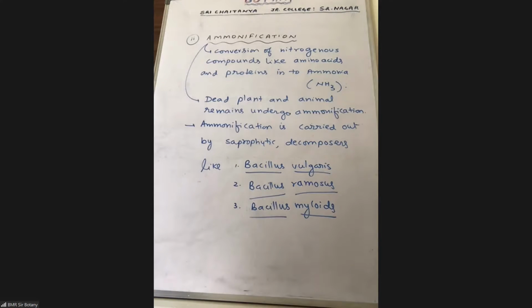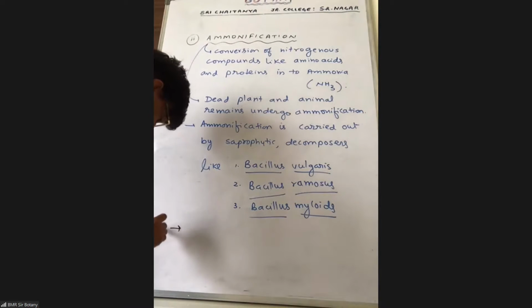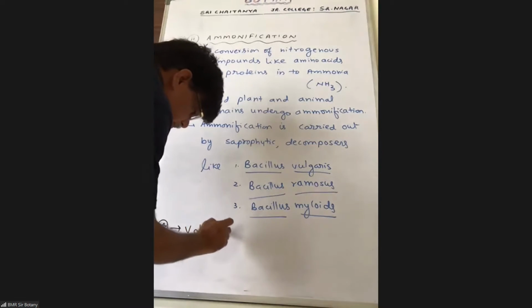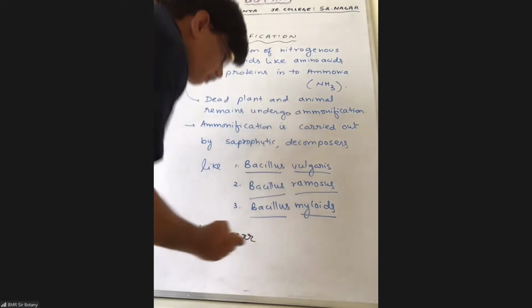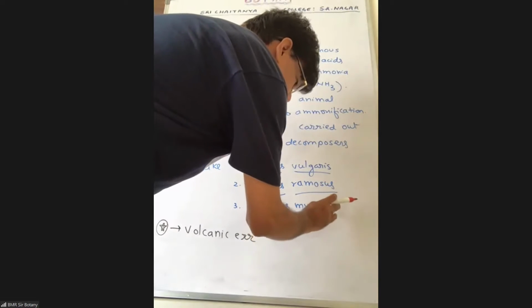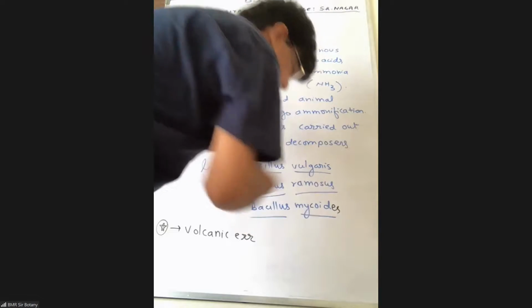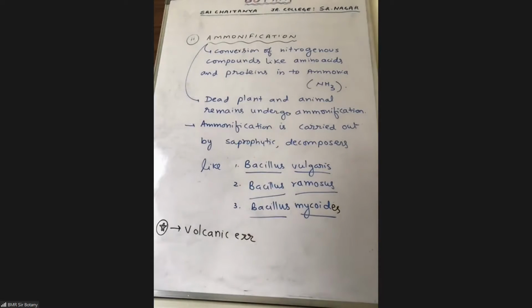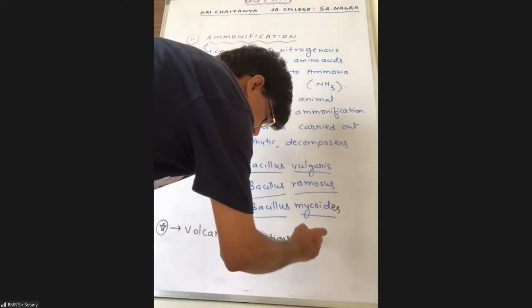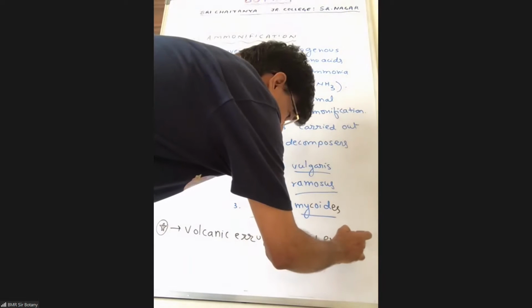And there is an additional source of ammonia in the soil: volcanic eruptions. This is also equally important to remember, Nana. Sir, is it mycoides? Mycoides. Volcanic eruptions and excreta of animals.